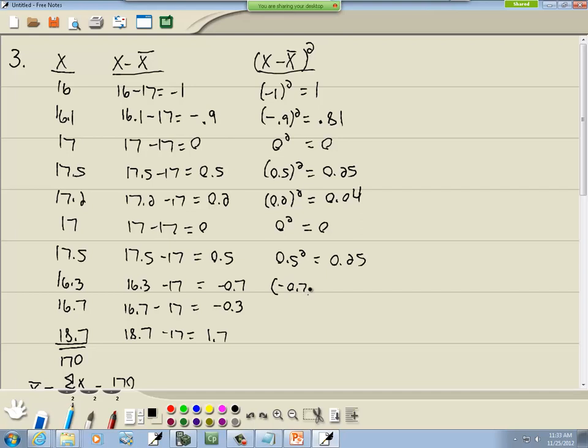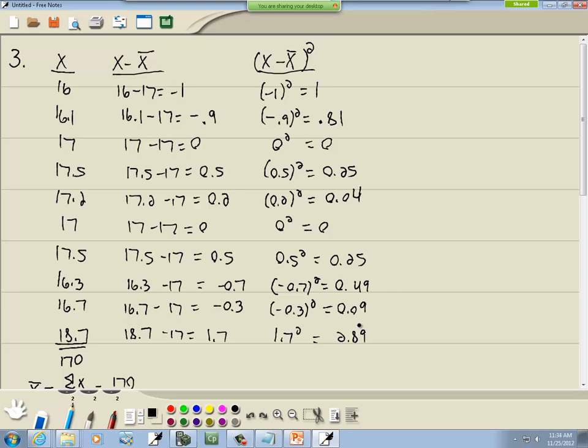Negative 0.7 squared is 0.49. Negative 0.3 squared is 0.09. And 1.7 squared, I think, is 2.89. Let me double check that. Okay, 1, 0.81, 0.25, 0.04, 0.25, 0.49, 0.09. Yep, that looks good.